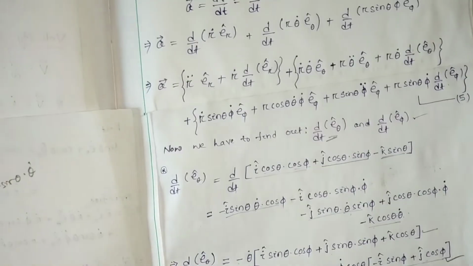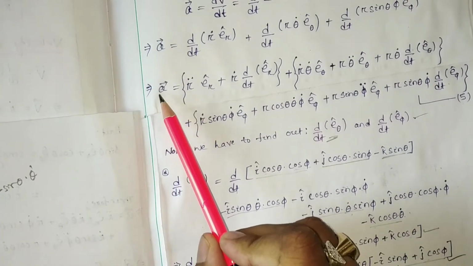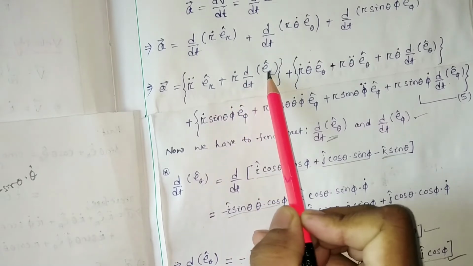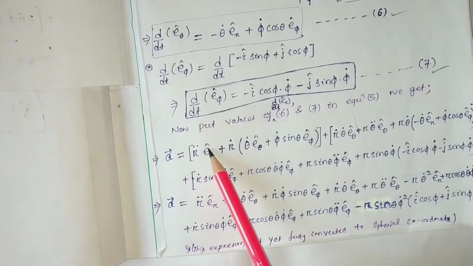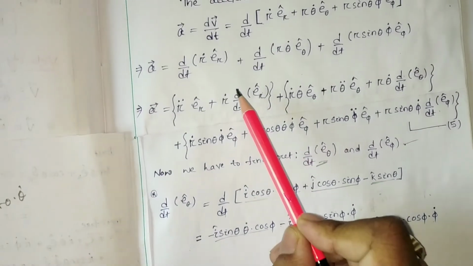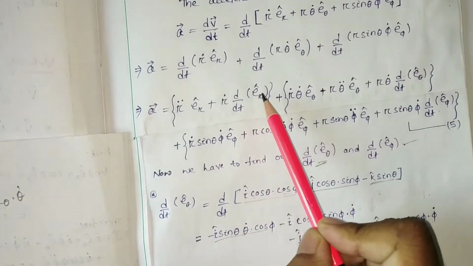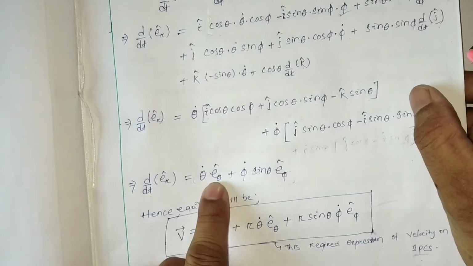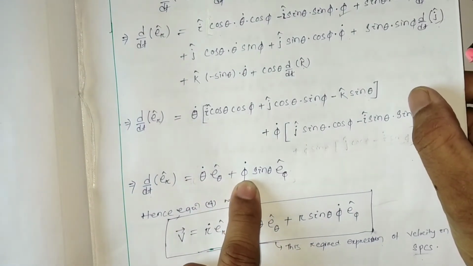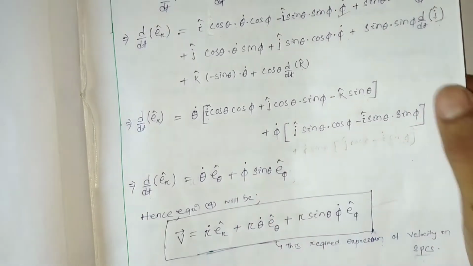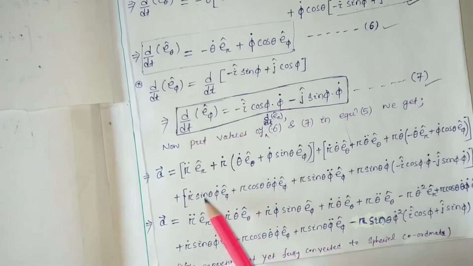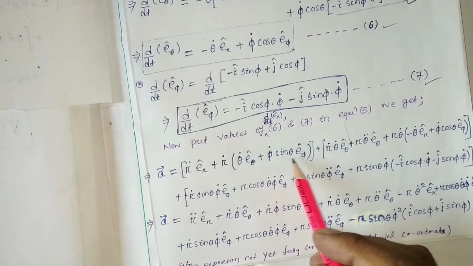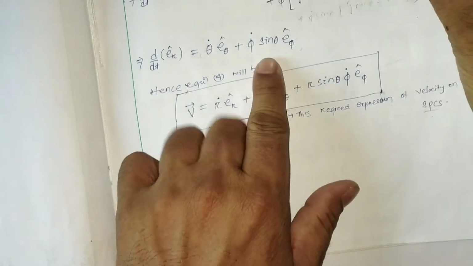Here the acceleration vector a will be r double dot er cap plus r dot times d by dt of er cap, whose value we found: theta dot e theta cap plus phi dot sin theta e phi cap. The same I have substituted over here.